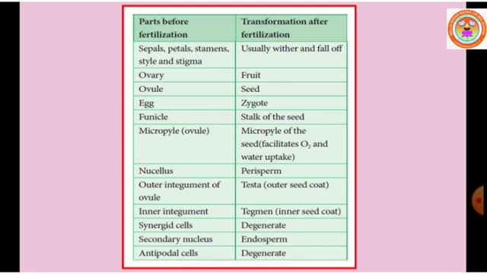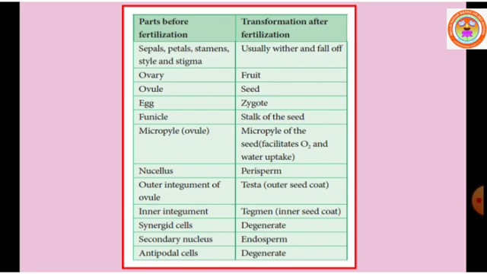Sepals, petals, stamens, style and stigma of the flower usually wither, dry and fall off. The ovary generally becomes fruit after fertilization. The ovule becomes seed. The egg or female gamete becomes zygote.